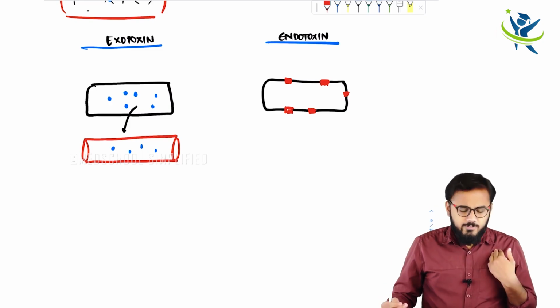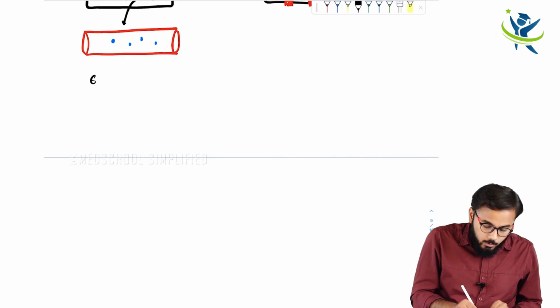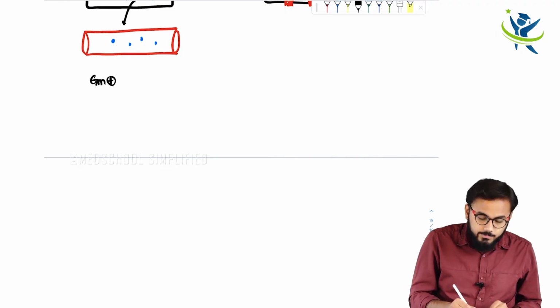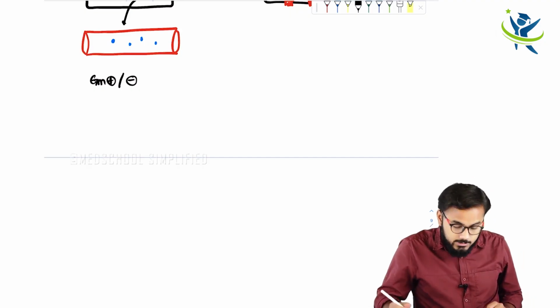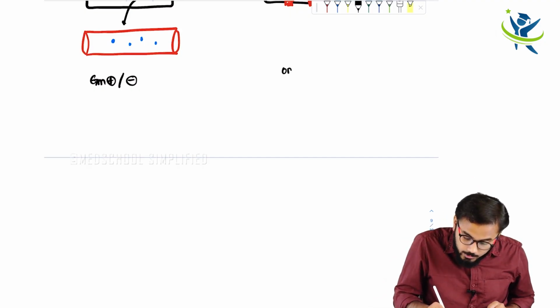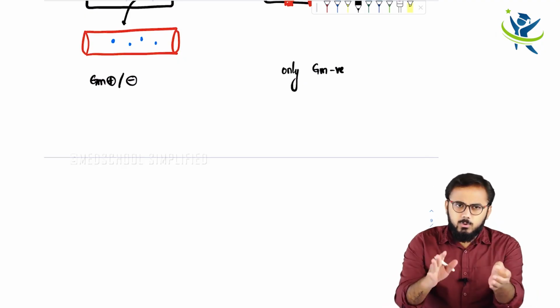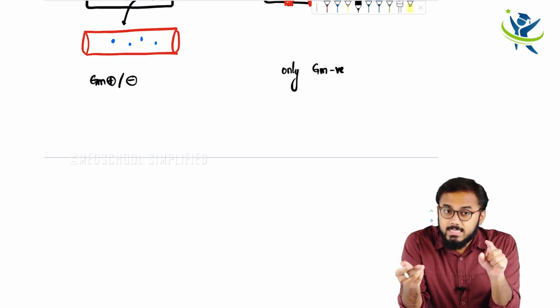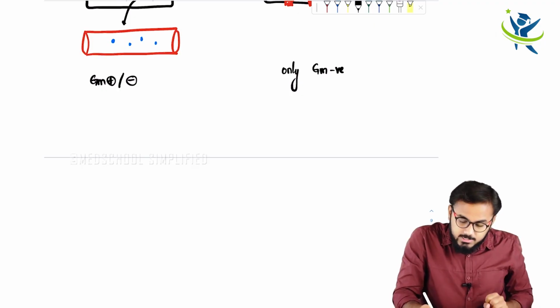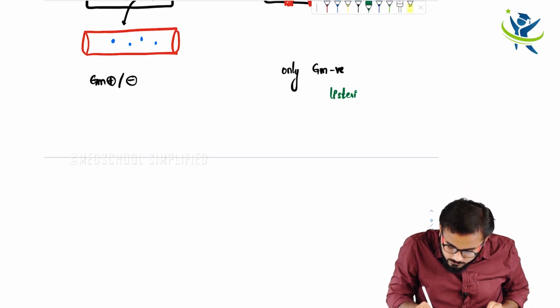Fine. So where do I find exotoxins? Exotoxins are found in both gram positive as well as gram negative bacteria. But where are endotoxins formed? Endotoxins are formed only in gram negative bacteria. Are you sure? Not even a single gram positive bacteria has endotoxin. There is an exception, and that is Listeria.